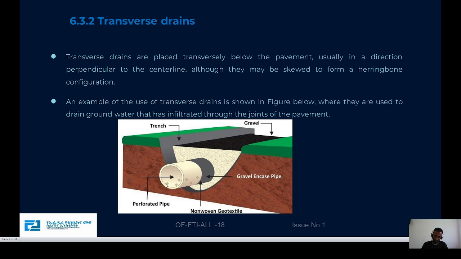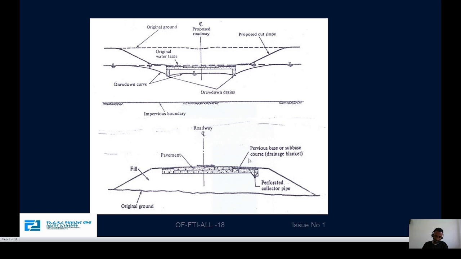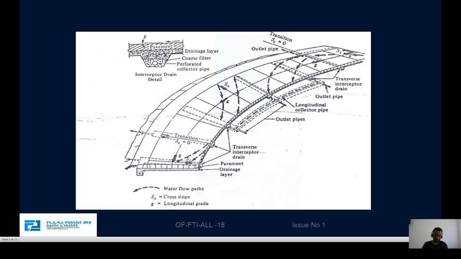It also uses perforated pipes, placed perpendicular to the center line. There is also a longitudinal drain that collects from the transverse drains.